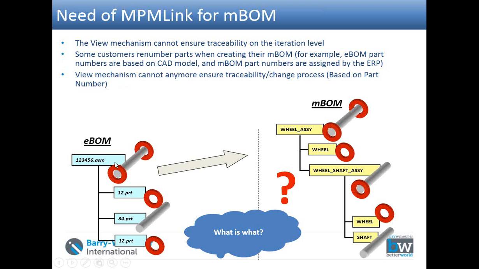You don't understand which is my engineering BOM which defines the manufacturing part which I'm manufacturing in this assembly. And while doing the change from the engineering side, the engineer cannot define which are my affected manufacturing parts that will be affected by this engineering change, right?